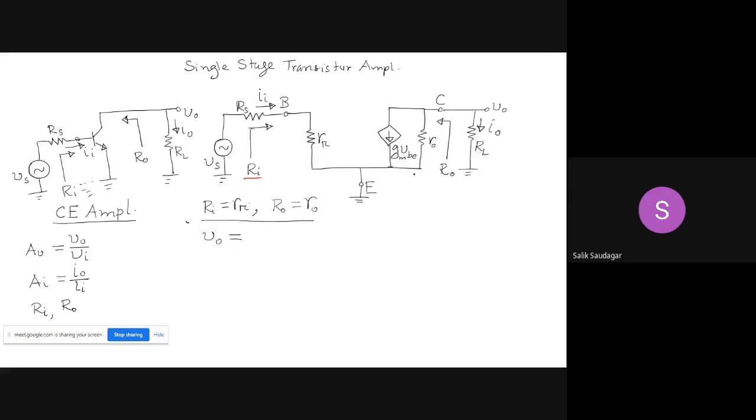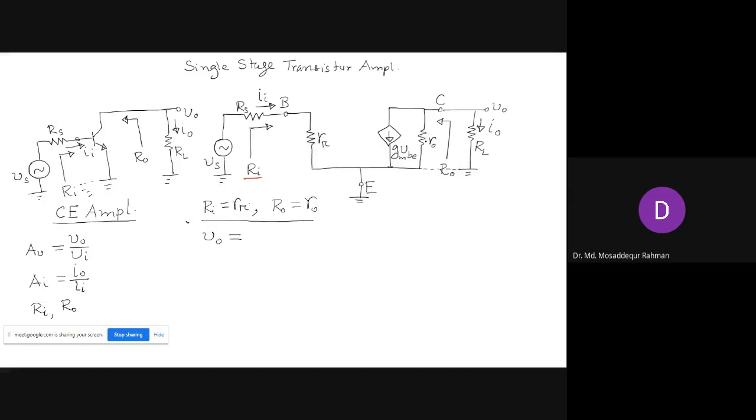Only r naught? Sir, r naught parallel RL, multiplied by gmVBE. Right. You see, the r naught is in parallel with RL, right? These two are in parallel. And gmVBE is the current that is feeding this parallel combination.